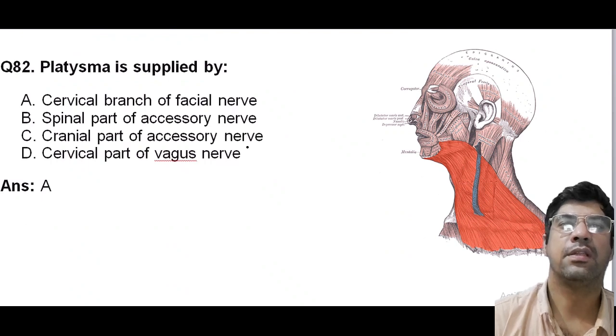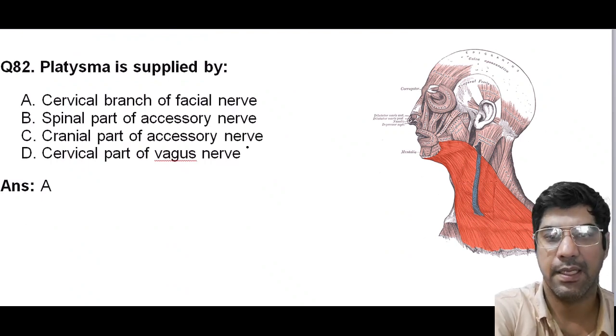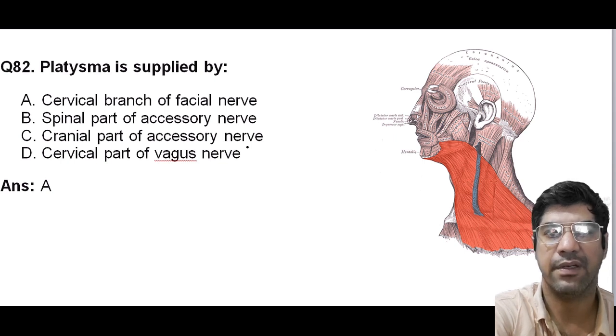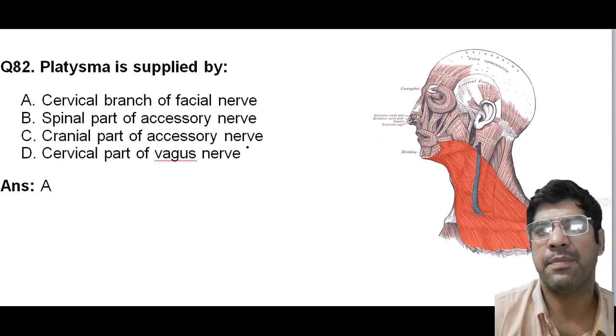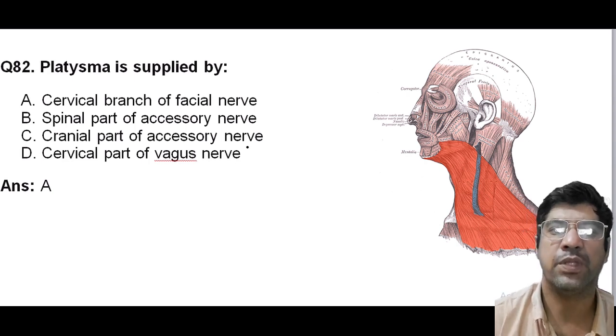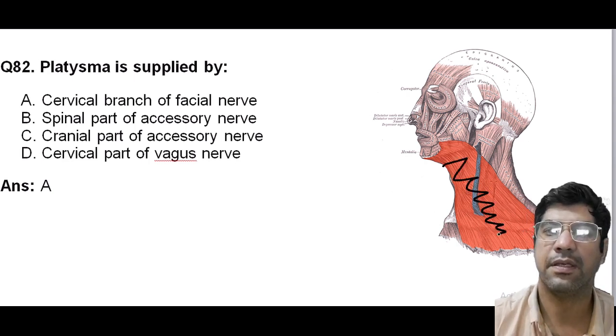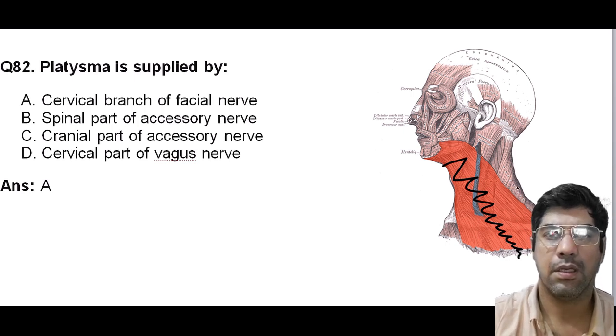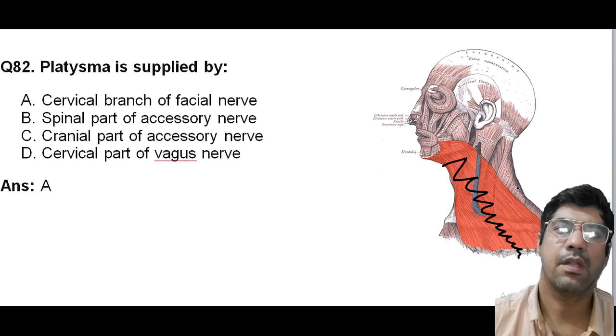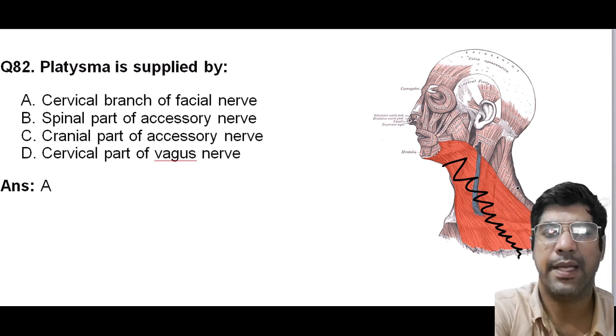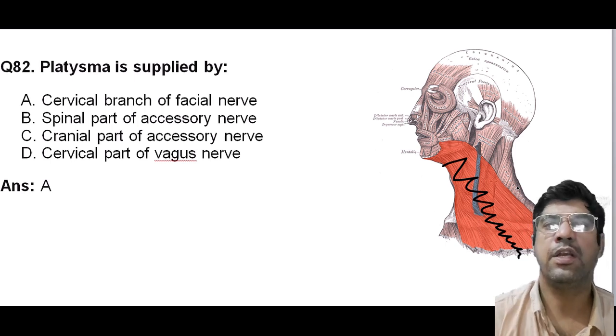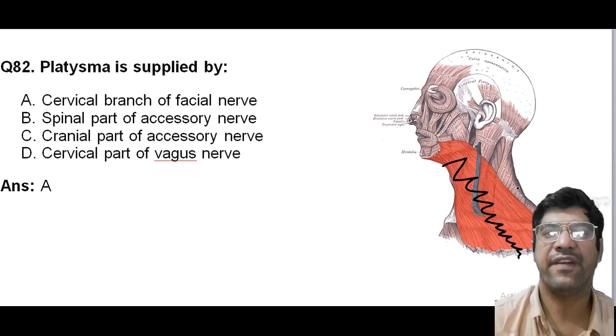Moving to the next question: the platysma is supplied by the cervical branch of the facial nerve. Remember, the platysma is a thin sheet of tissue that wraps around your skin like a superhero cap. Think of the facial nerve as the commander of your face muscles.